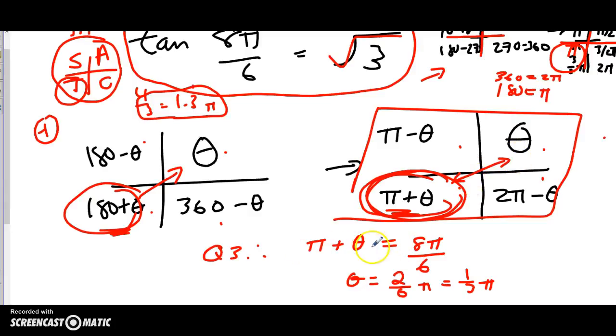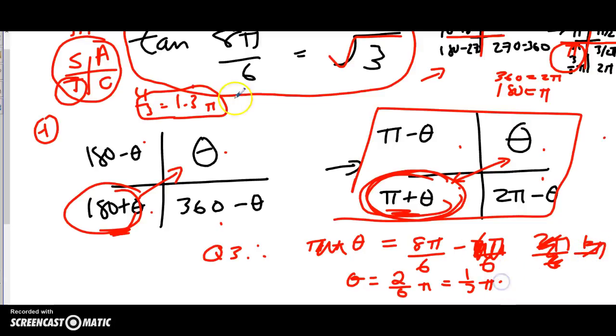So I know that pi plus theta is equal to 8 pi over 6. That's my given angle. I have to figure out what theta is, the related angle in the first quadrant. So I subtract pi from both sides. That gives 8 pi over 6 minus 6 pi over 6, using common denominators, which is 2 pi over 6, which reduces to 1 pi over 3.